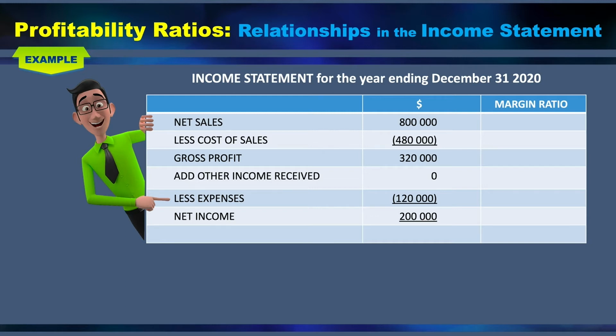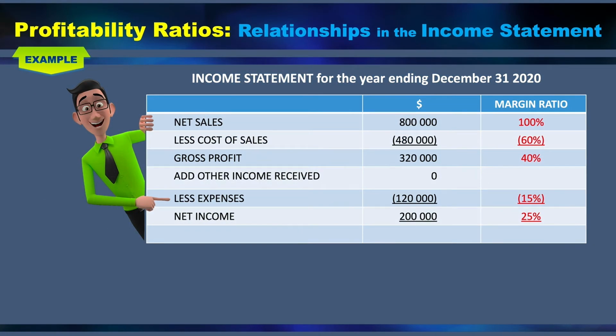So these are the absolute amounts. Net sales $800,000, net income at the end after you have deducted all of your costs and expenses, $200,000. Absolute amounts, but to get a clearer idea of the profitability of the business, we are going to do 3 of the ratios, the profitability ratios, the margin ratios, to get a better idea.